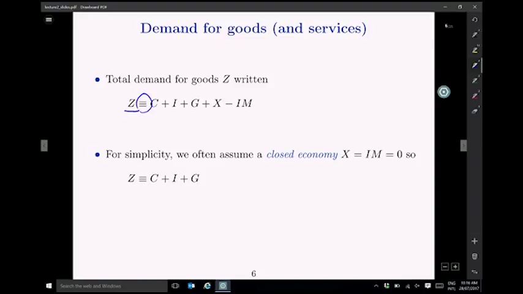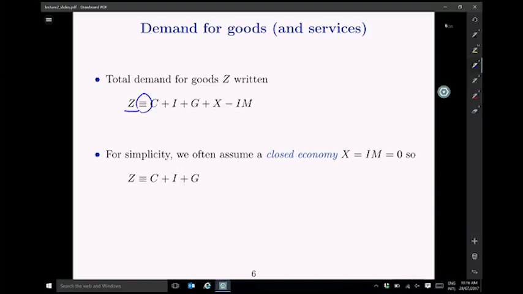This means an identity. Identity means this is true by definition. We define aggregate demand Z as the sum of consumption, capital C, investment, capital I, government spending, capital G, and net exports. That's exports X minus imports IM, this notation. This is how we define aggregate demand. This is always true, a definition.